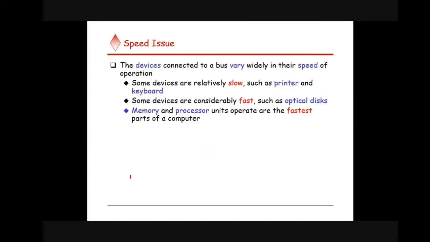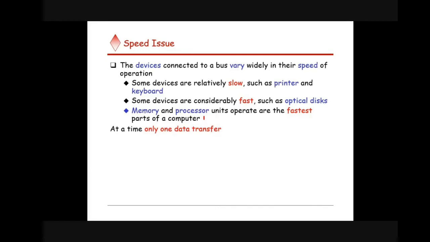Okay, we'll see that slide. Those are the issues; you can see I have written it. The devices connected to the bus vary widely in their speed. For example, some devices are relatively slow, like the printer and keyboard, but some other devices are relatively fast, like the optical disc, and memory and processor are the fastest devices of the computer.